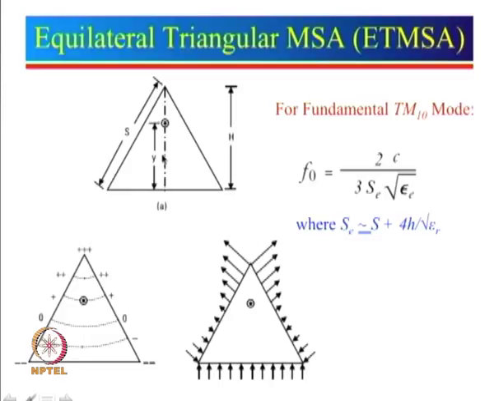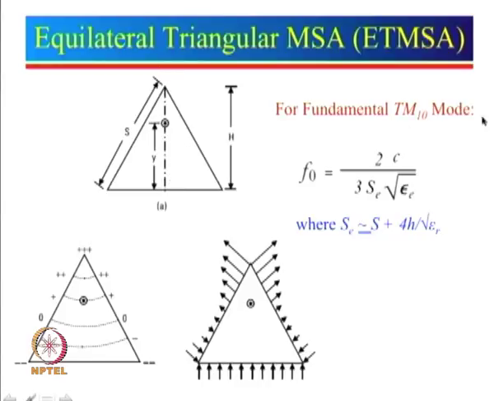Now whereas for a rectangle or a circle this null point was exactly symmetrical, in the center, in case of the equilateral triangle this is the null point. So you can see that compared to this null, the distance is less here, so field variation will be less, and over here the distance is more, so field variation will be more.